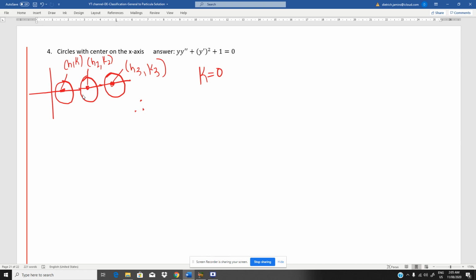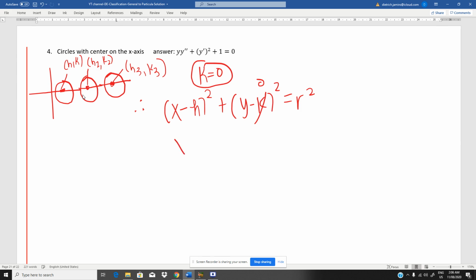So, therefore, our working equation is this: x minus h squared plus y minus k squared is equal to r squared. We know that k is equivalent to 0, right? So I'll just put 0.